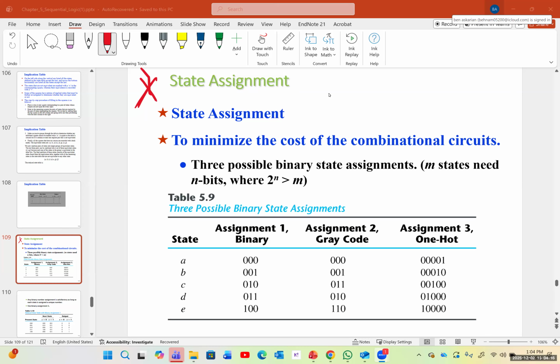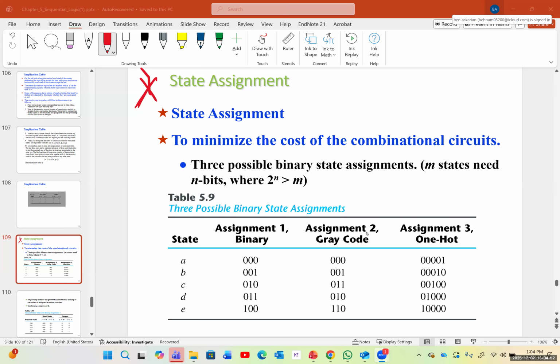So from the previous class, we learned about the state assignment, and to minimize the cost of a combinational circuit, we had three possible binary state assignments. M states need n bits, where 2 to the power of n is greater than or equal to m. This table shows three possible binary state assignments. For example, states A, B, C, D, and E. Assignment number 1 for binary is going to be 000, then 001, 010, 011, and 100.